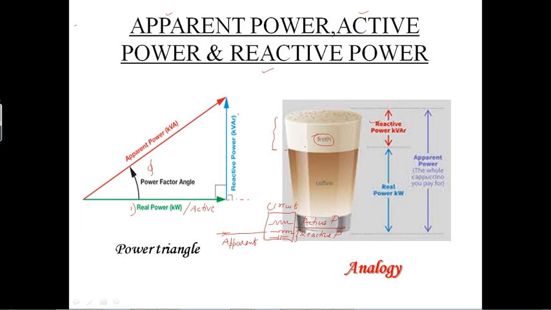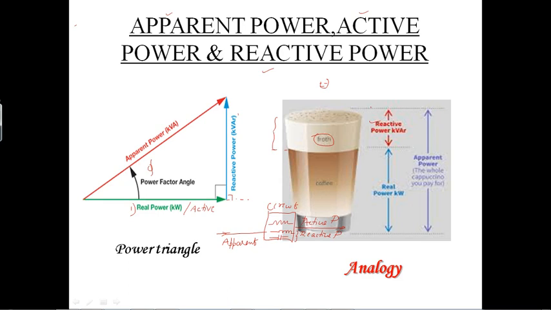If I'm just mixing water and milk and putting some coffee powder also, I'll get some kind of coffee, right? But if I make a cappuccino with more froth on it, it's really more tasty. I'm just making an analogy. So, what is the total coffee? I would say this is apparent power.